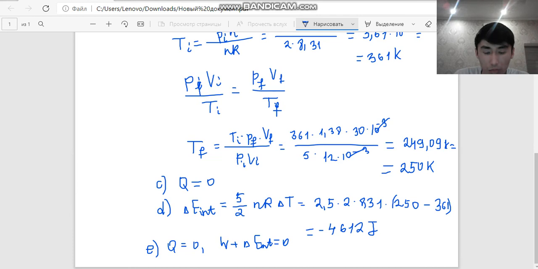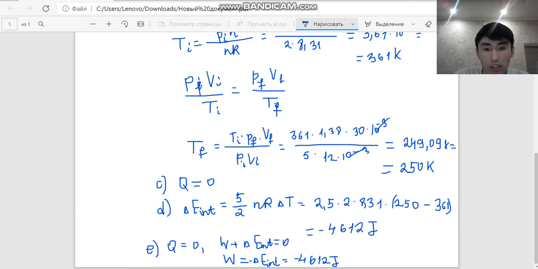So it means here work will be equal to minus the change of internal energy, right? 0 minus the change of internal energy. So here will be minus 4,612 joules.